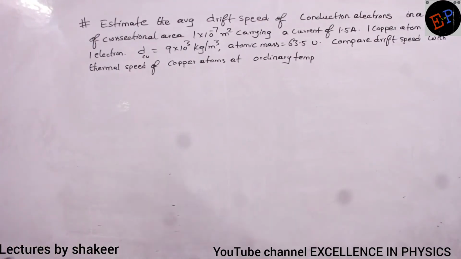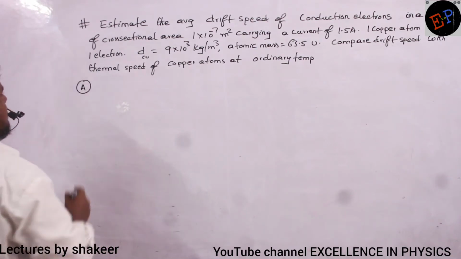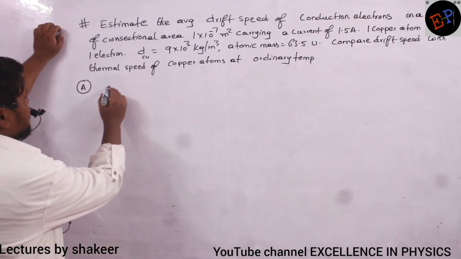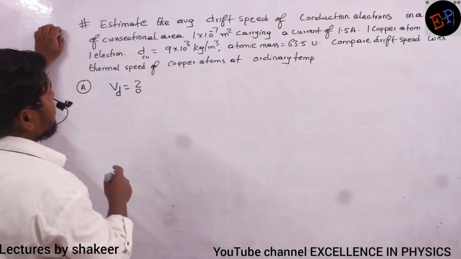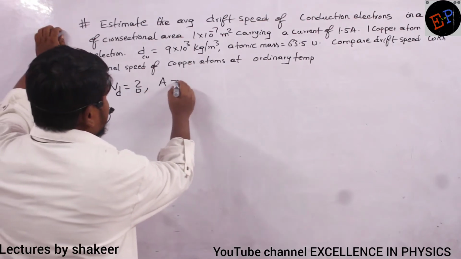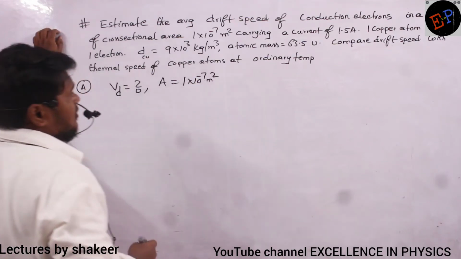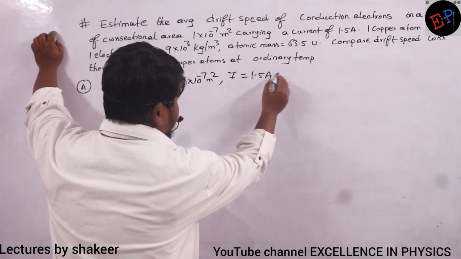See this question. Estimate the average drift speed of conduction electrons. So he is asking us to find the drift speed. The cross-sectional area is 1 into 10 power minus 7 meters square, and it is carrying a current of 1.5 ampere.